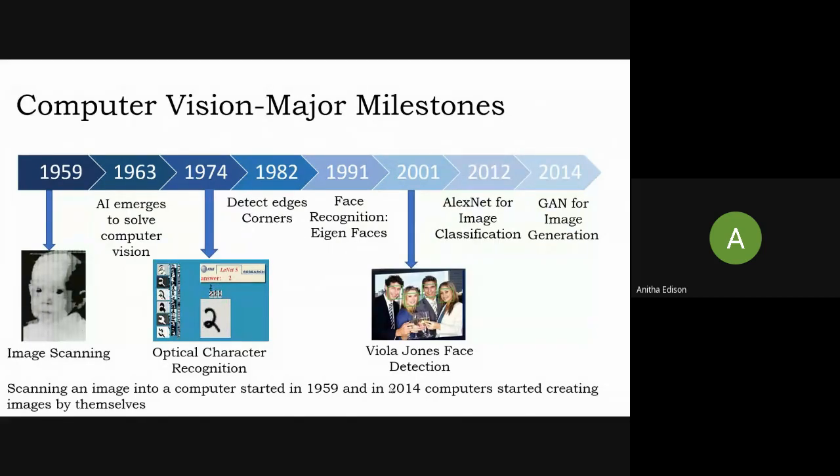After that, in 1982, some algorithms were developed to find the edges and corners. That was way back in 1982. And the first major milestone in computer vision was face recognition.